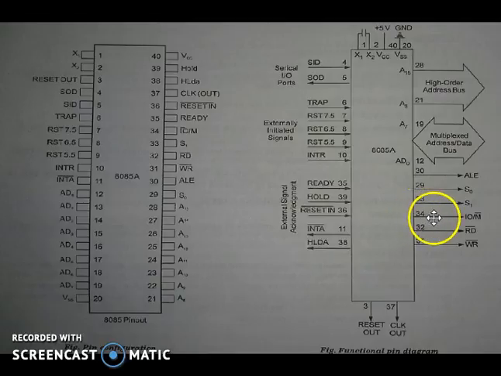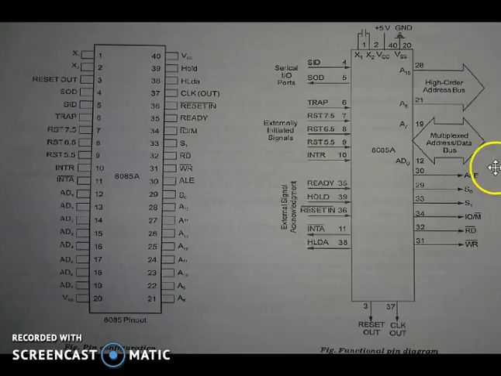The 34th is the IO/M, input output and memory, and the 33rd is the S1 and 29th is S0. These three are the status signals. And the 30th is a special signal, which is ALE, also known as address latch enable.